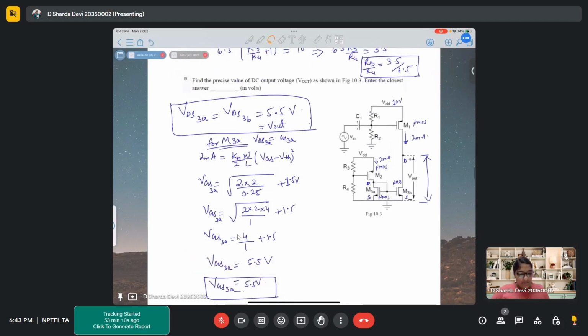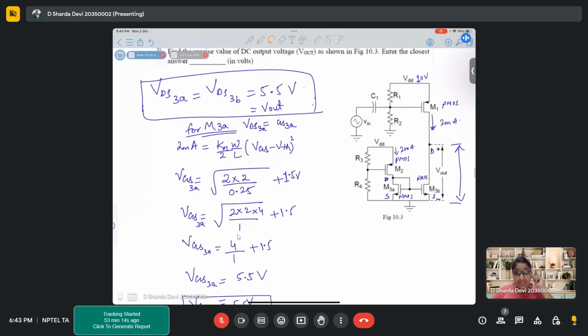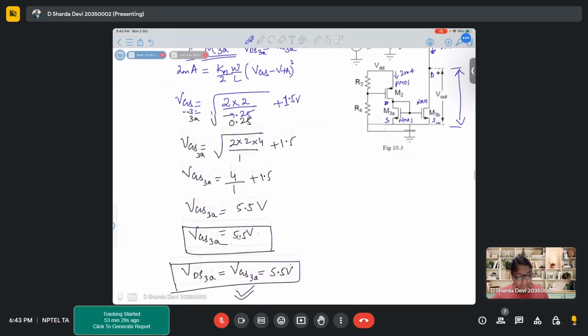This is clear, right? How we got the value of VDS and hence the Vout. We use the simple analysis of the mirror, and since there was a diode connection, VGS can directly be related to VDS. So we could simply relate it over here.